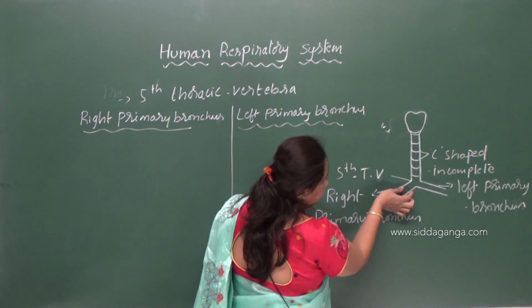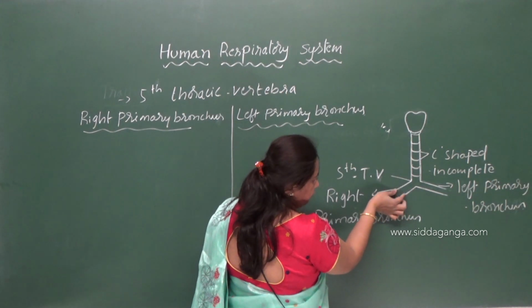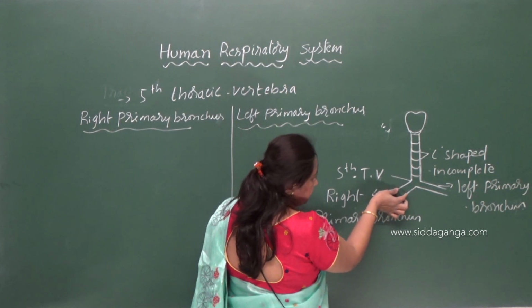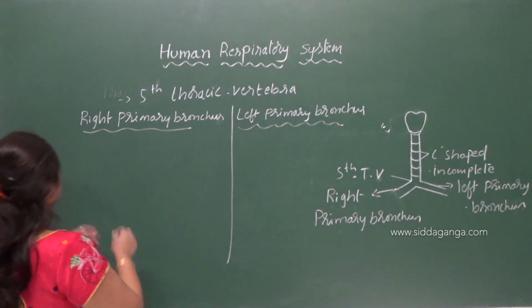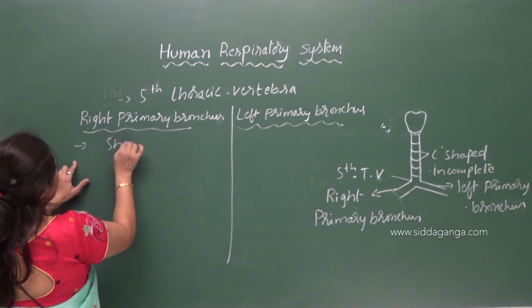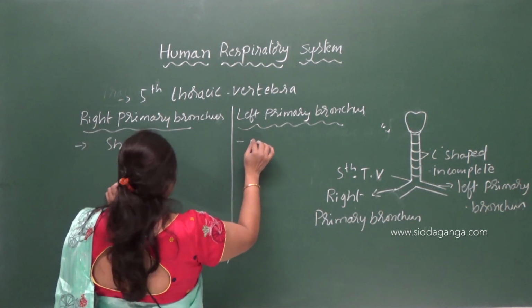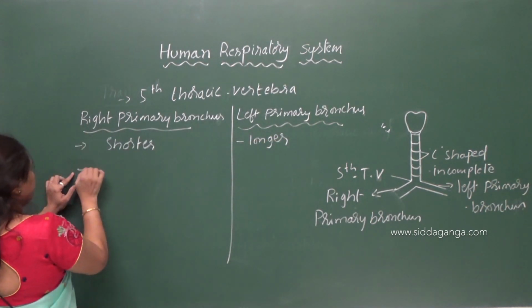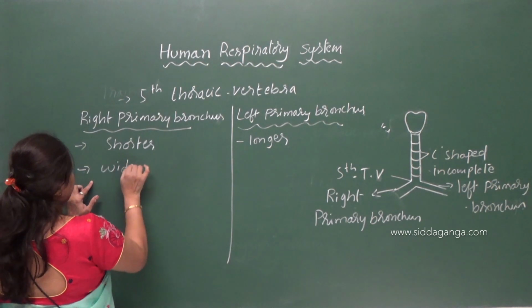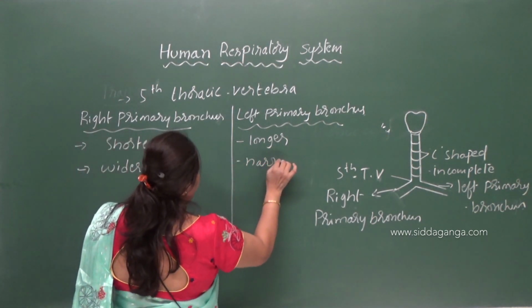There is a difference in the size of the lumen, that is the diameter. The right primary bronchus is wider compared to the left. The right is shorter, the left is longer. The right is wider, the left is narrower.